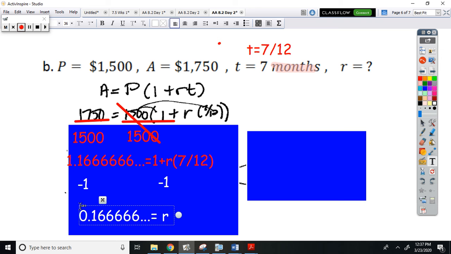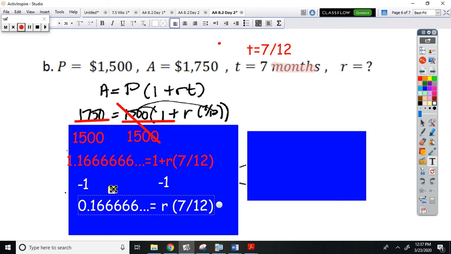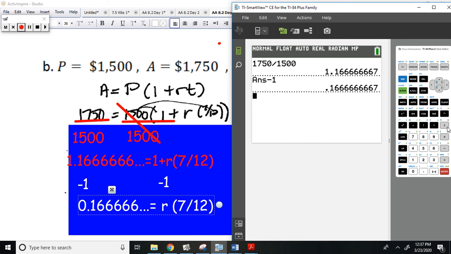Equals r times 7/12. Now, you have two options. You can either divide by 7/12 on both sides, or you can multiply by the reciprocal, which would be 12/7. Since you have a calculator, I just suggest division. When you divide, you will need a parenthesis around the 7/12.